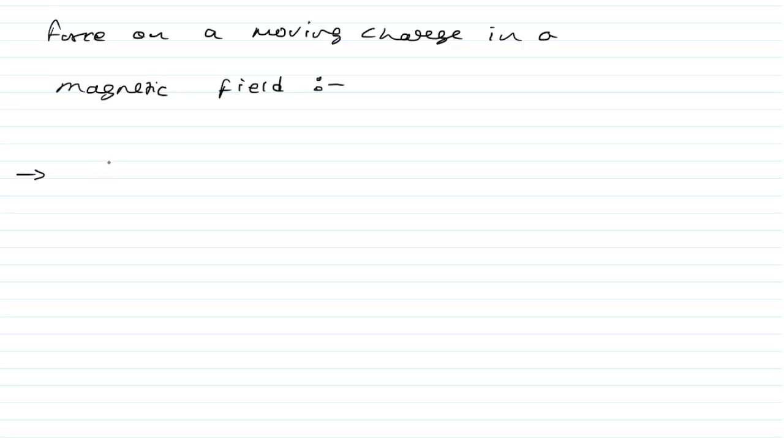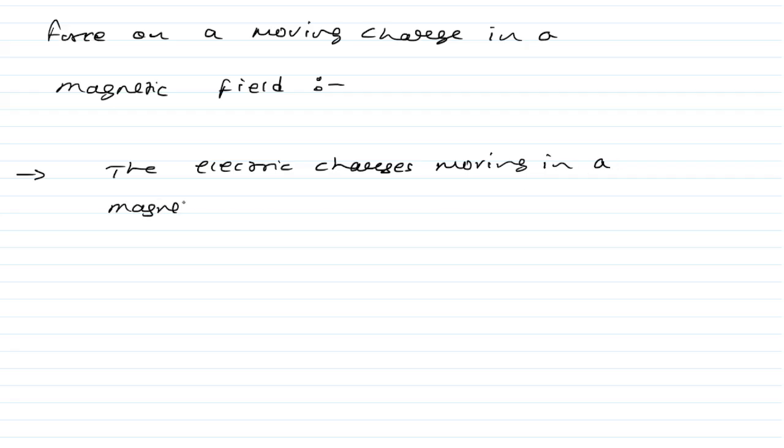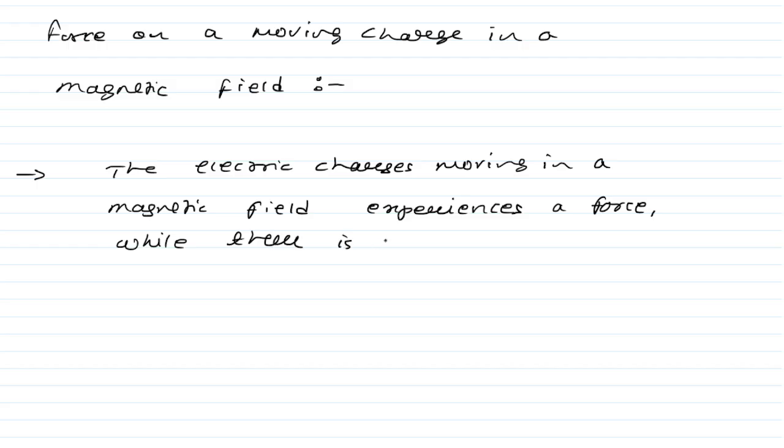So we are writing here: the electric charges moving in a magnetic field experience a force, while on the other hand, for a static charge there is no such force.